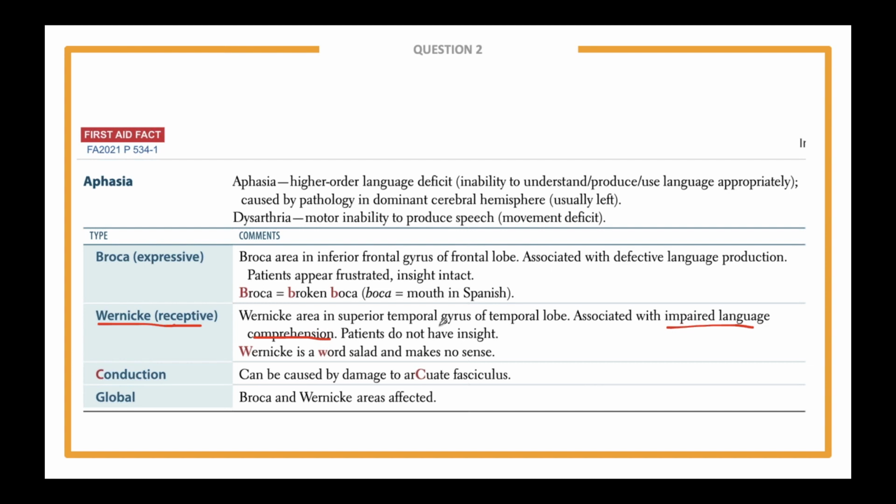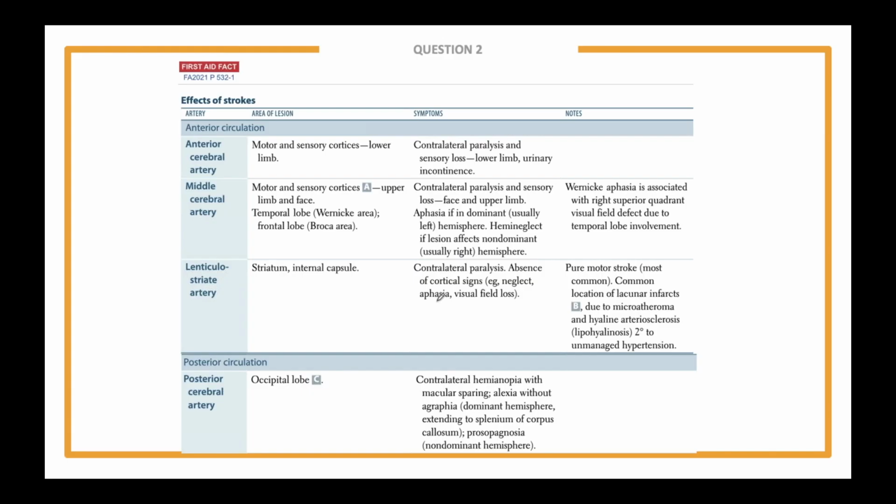So the lesion is in Wernicke's area, and this is most likely caused by a stroke in the part of the middle cerebral artery. And on the next slide as well, we have another table that shows some of those cerebral artery distributions. And you can see there under the middle cerebral artery that it supplies Wernicke's area, okay, in the temporal lobe, okay?